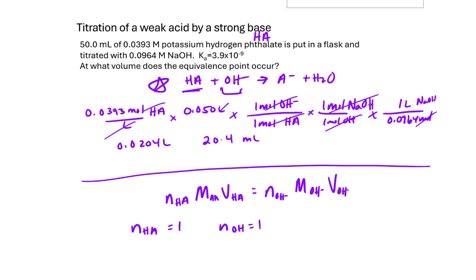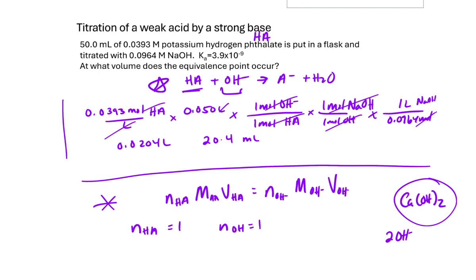Sometimes we do a titration when we use calcium hydroxide or magnesium hydroxide. And you have to be careful because the stoichiometry here matters, because for every 1 calcium hydroxide, we get 2 hydroxide. I don't actually recommend you use this equation. It does work.